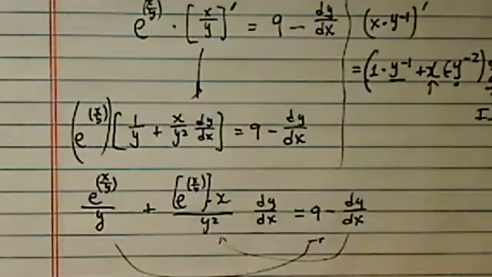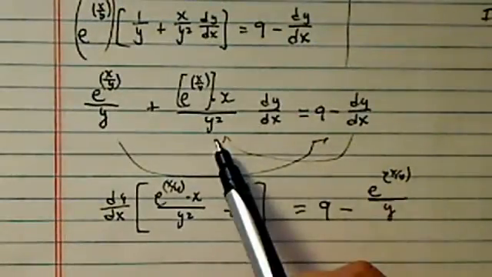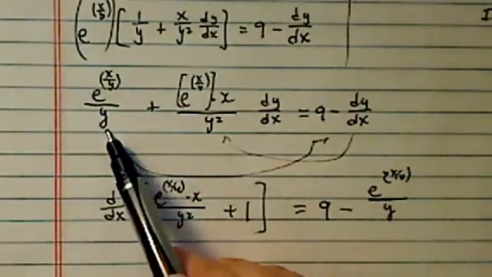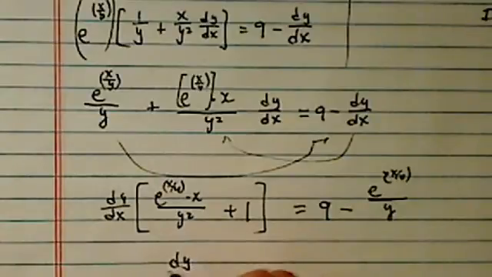So it's 9 minus e to the x over y, divided by y. On this side, I'll have dy dx times this term, which is e to the x over y times x divided by y squared, minus, actually plus 1. What I did is I moved this one over there, which becomes the plus 1. I moved this one over, which is 9 minus the whole thing.